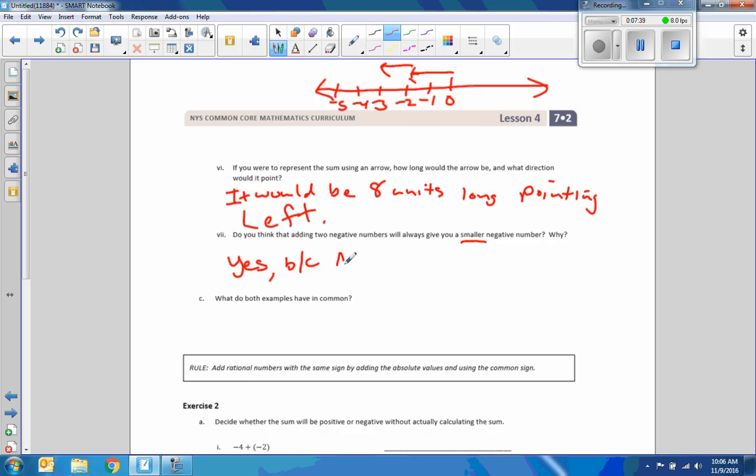Because the absolute values are positive, the sum will be a greater positive, which is a smaller negative.